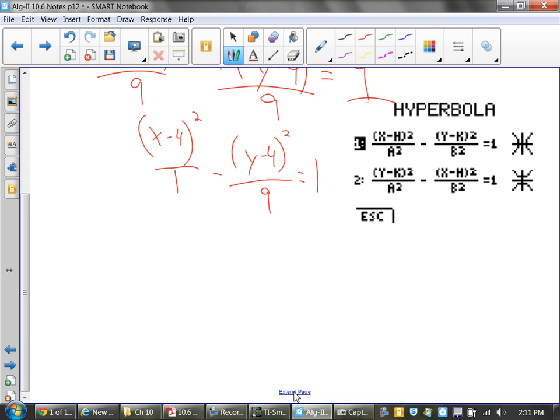So this means it's gonna be going left and right. That means that a squared, well, first of all, my center is at (4, 4). My a squared is 1. B squared is 9. What's A? What's B?